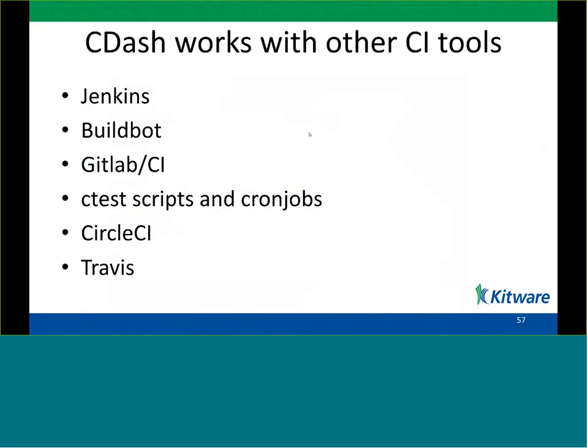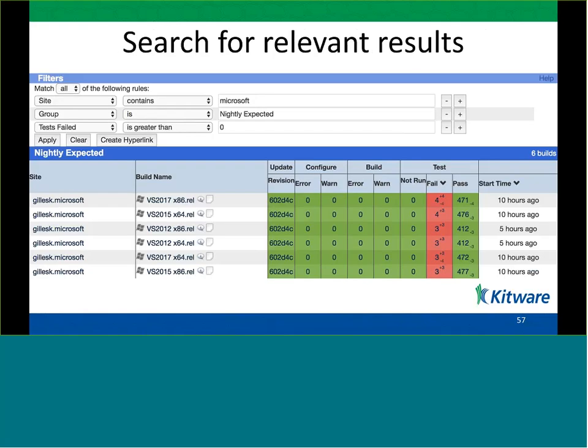Like with Jenkins, if you have something fail or a test fail, what ends up happening is you get a pointer to a build log, which might be pages and pages and pages of text, and somewhere in there is the error. Whereas CDash not only provides a way of parsing those errors and a clean interface to them, but allows you to search for relevant results.